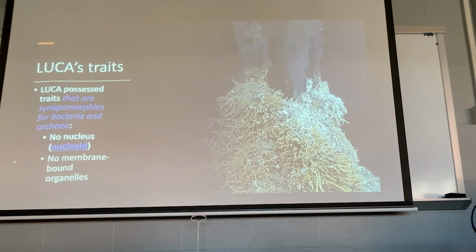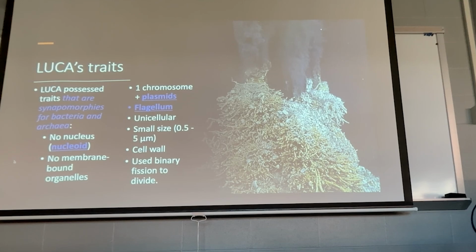What we think LUCA possessed, and again, this is a hypothesis. We don't have any fossils or any direct evidence of this. But you can deduce by looking at bacteria, archaea, and eukaryotes that LUCA possessed synapomorphies that bacteria and archaeans now have, right?